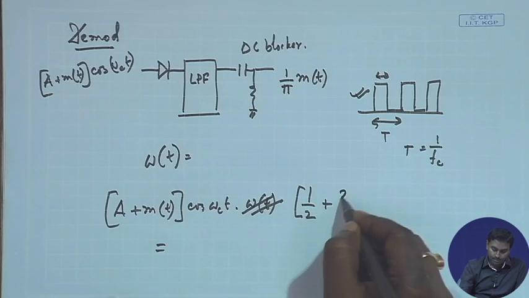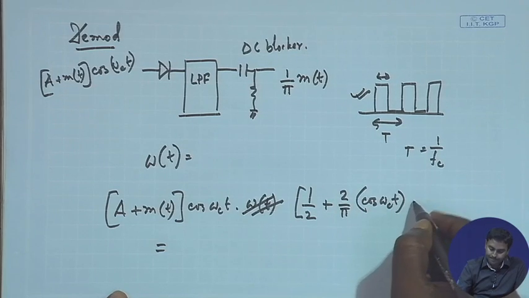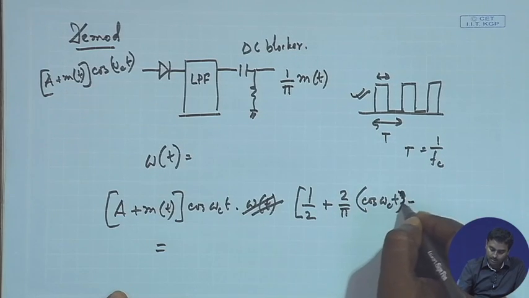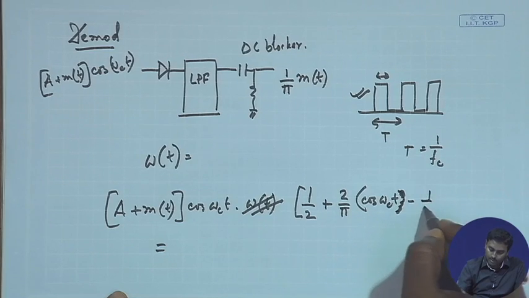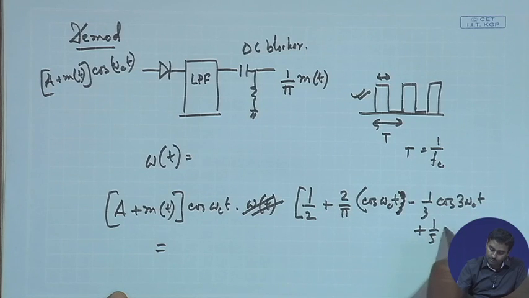So it is half plus 2 by pi, with cos omega ct minus 1/3 cos 3 omega ct plus 1 by 5 cos 5 omega ct and so on.